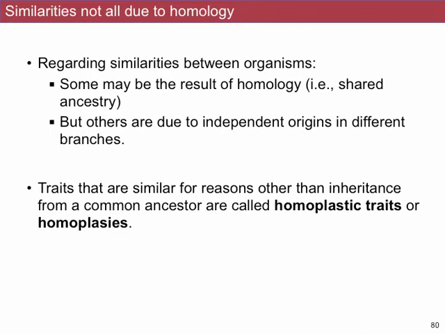Separate invention of flight in those lineages. The exact mechanisms of flight are not homologous between birds and bats. When you have something like this, where you have a similarity between taxa that is not due to common ancestry, that's generally called homoplasy.